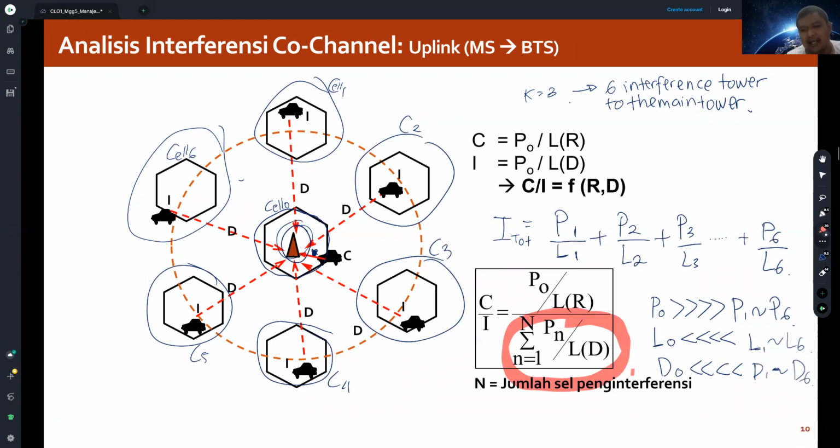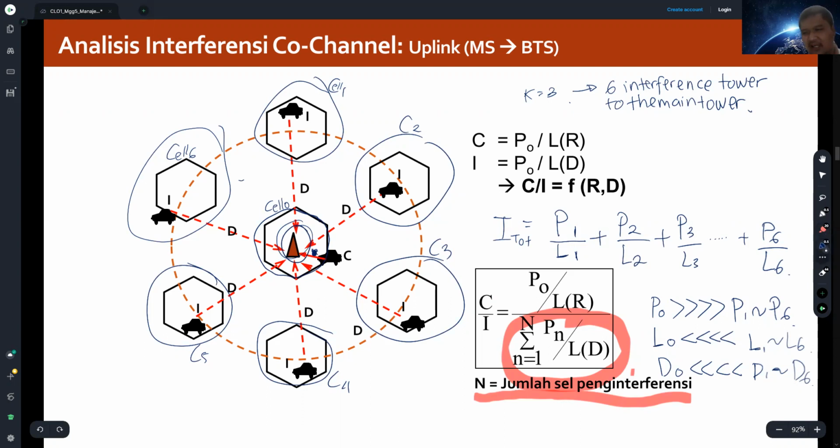That's what we call the carrier to interference. And the value of N over here is the total of interfering power, which means that if we are using this picture, the value of N will be equal to 6.